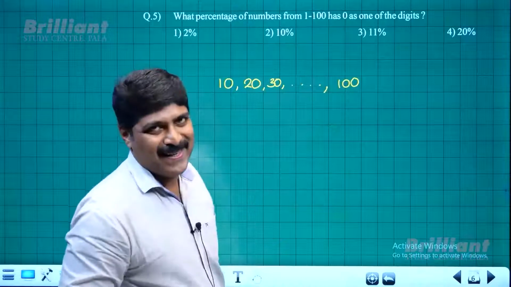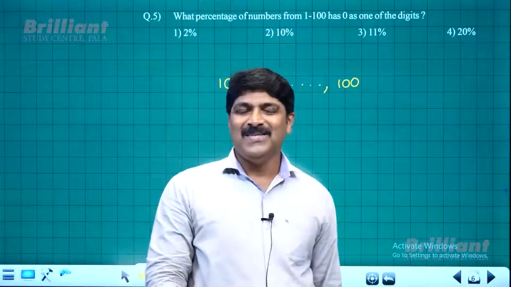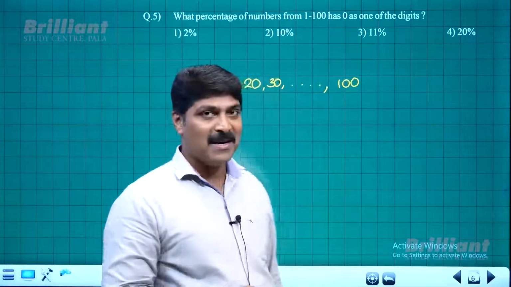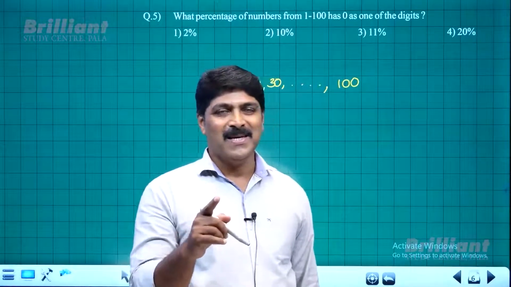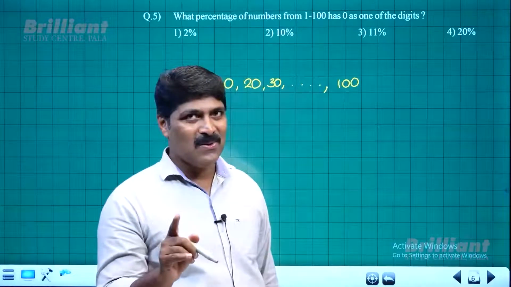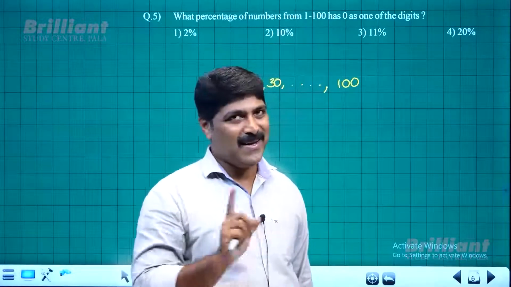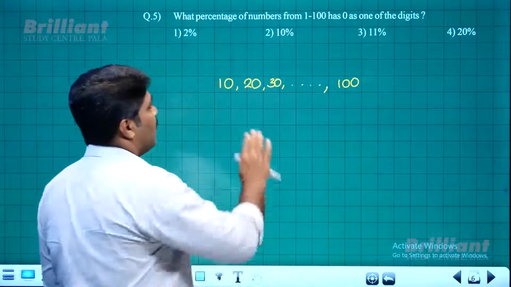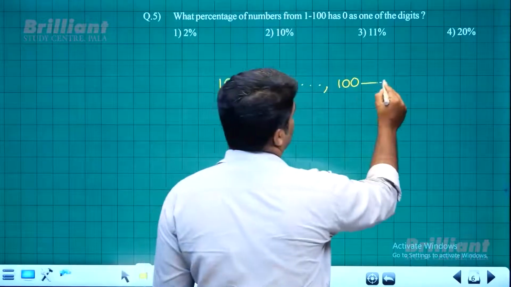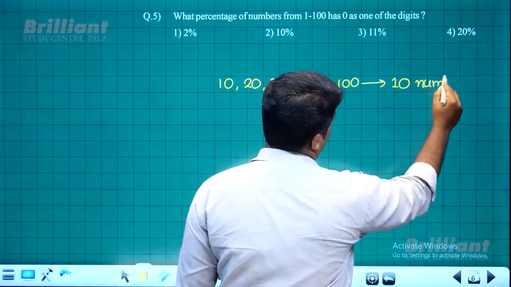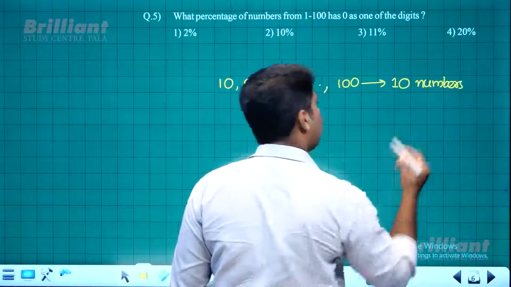Now, don't misinterpret that as how many zeros. We know that 100 contains one more zero, but the question is not about how many zeros, but how many such numbers. It should contain at least 1 zero. Got it? So that means here we have 10 such numbers. Clear? 10 such numbers.